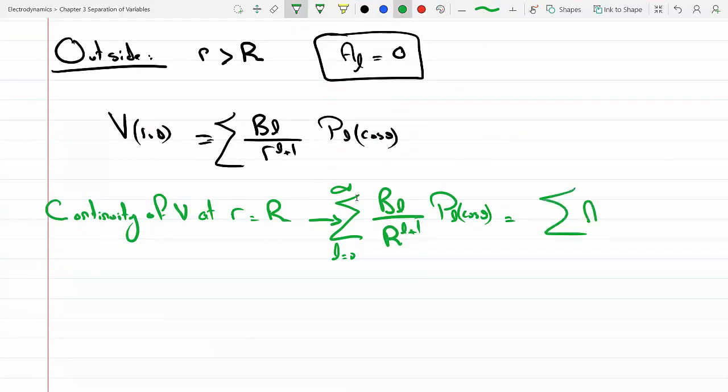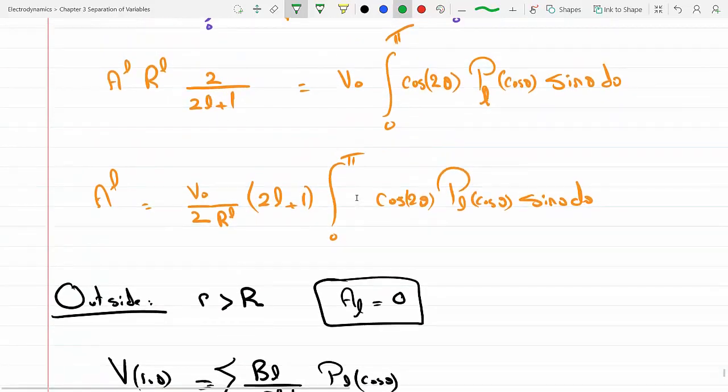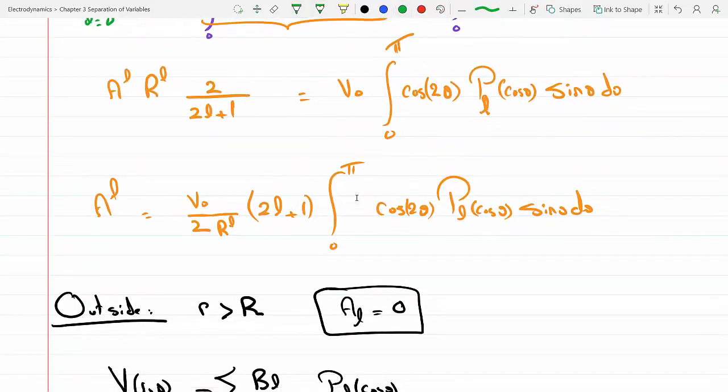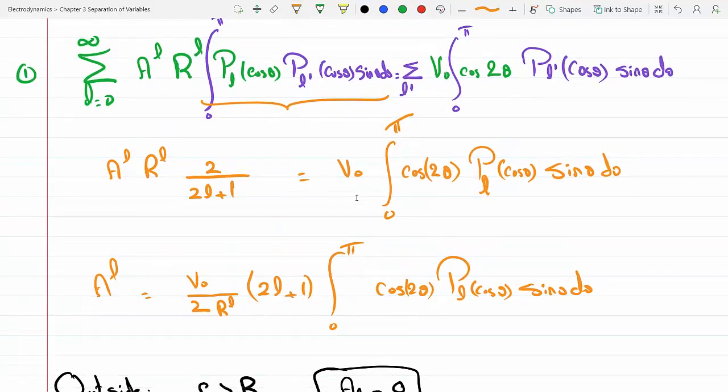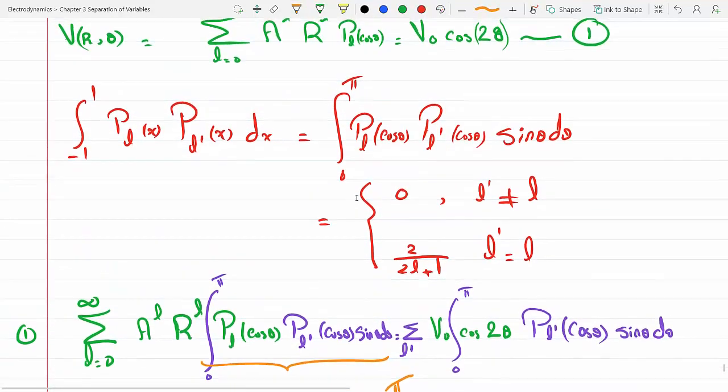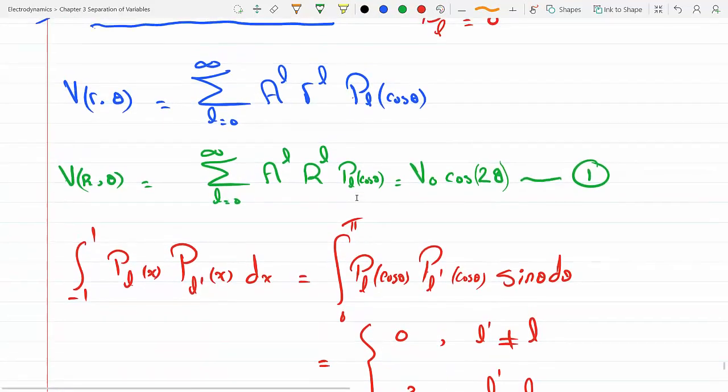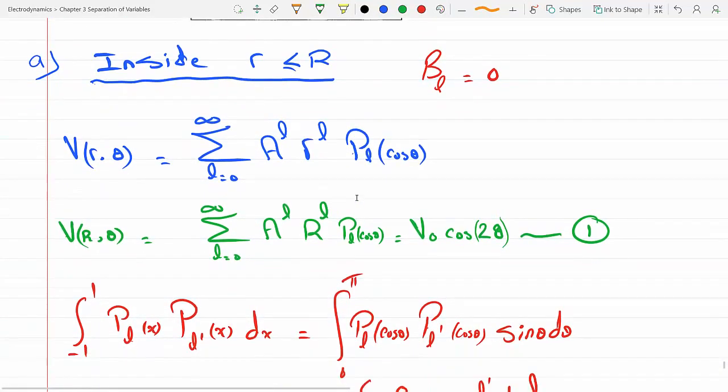So this would be A_L R^L. By the way, how did I get L in the power? That's not correct.